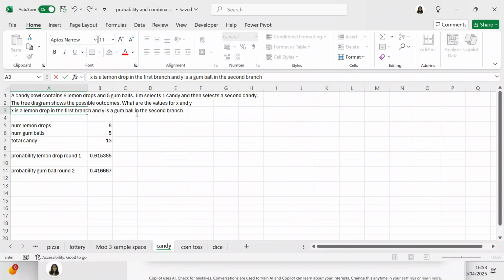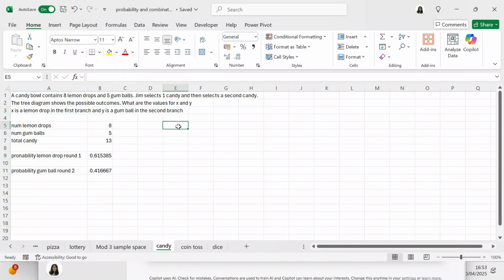So there we go, so you can see what the X and the Y is. So the number of lemon drops is 8, and the number of gumballs is 5, and the total candy is the lemon drops plus the gumballs equals 13.